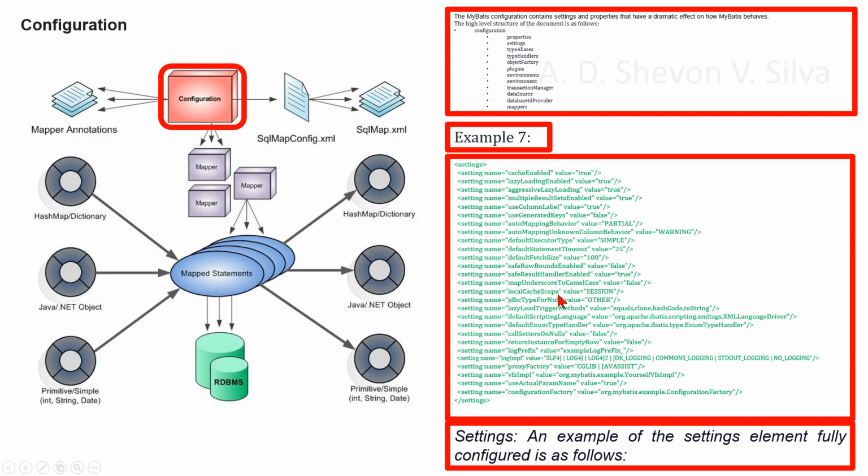Local cache scope. MyBatis uses local cache to prevent circular references and speed up repeated nested queries. By default, session: all queries executed during a session are cached. If local cache scope equals statement, local session will be used just for statement execution.